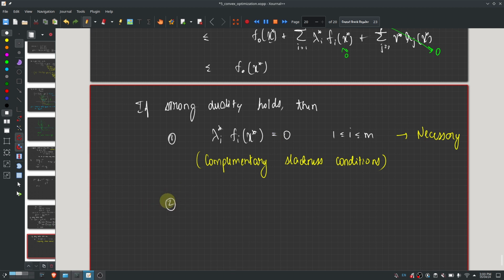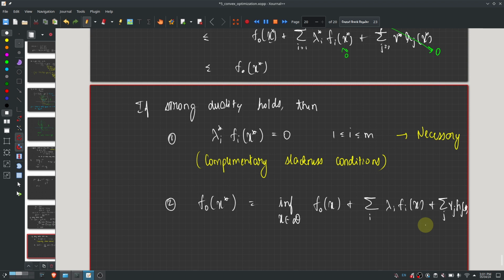The second condition that we have is that if strong duality holds, then f0 of x star is exactly equal to the infimum over all x in D of f0 of x plus summation over I lambda I fi of x plus summation over j nu j hj of x.